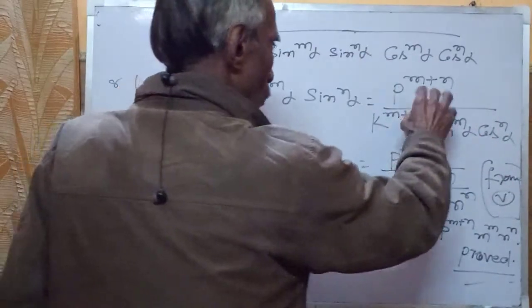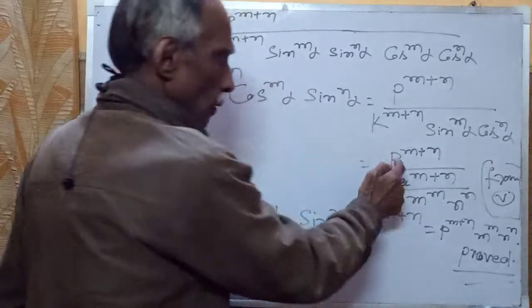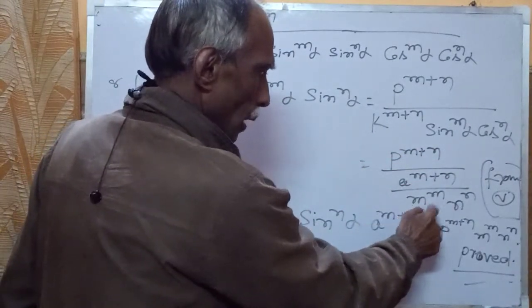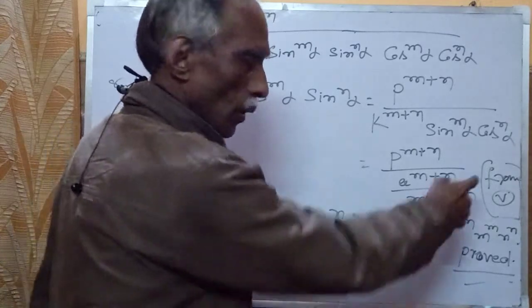This part can be written as p to the power m plus n by a to the power m plus n by m to the power m, n to the power n, from equation 5.